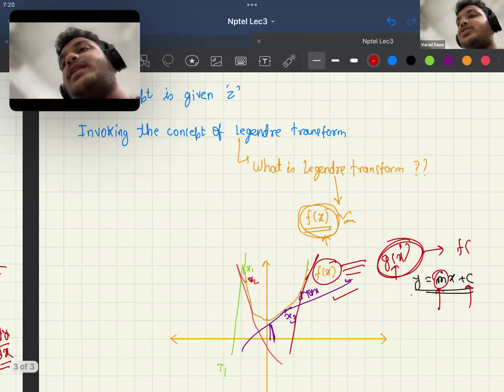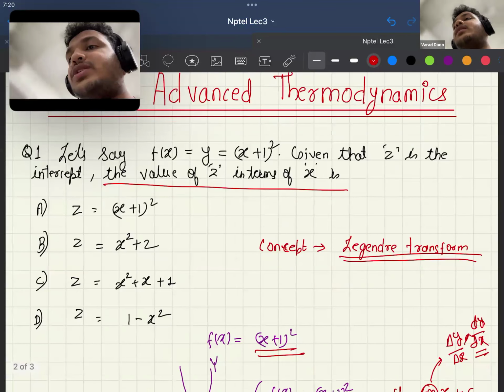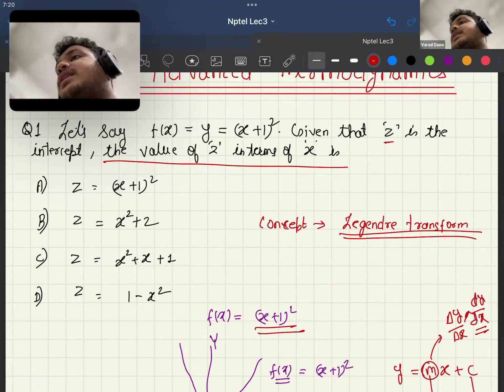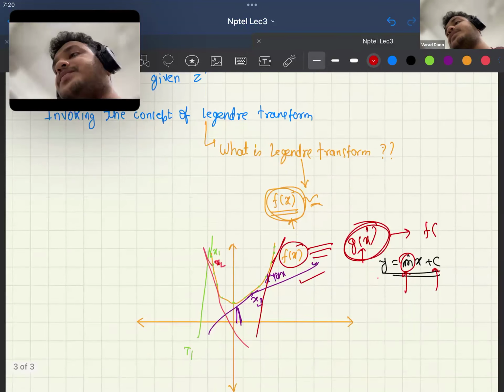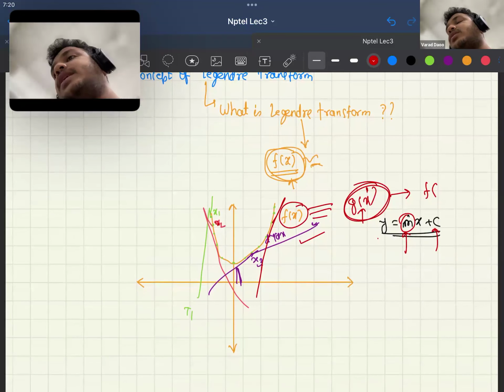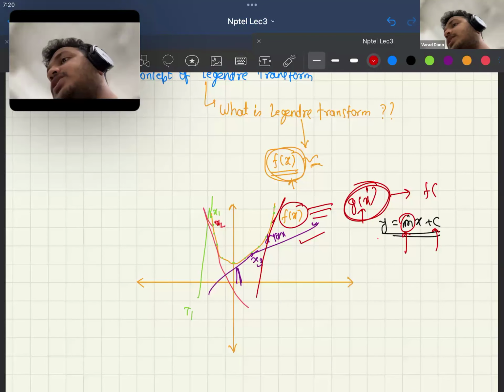That is why in this question we are asked to find the value of that intercept. Similarly, a similar question can be constructed where you are asked to find the value of the slope, but in the present case we'll limit ourselves to the intercept, right? So I hope this explanation is clear to everyone.